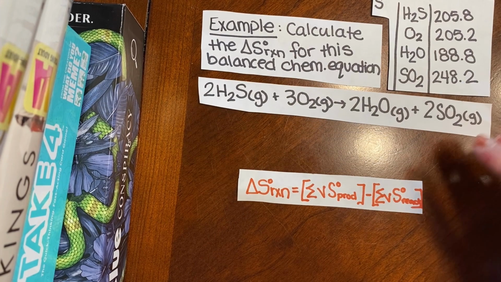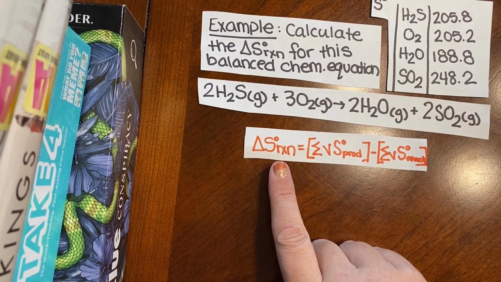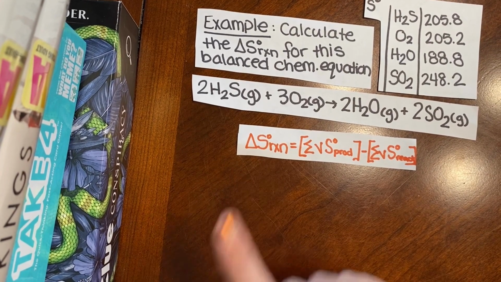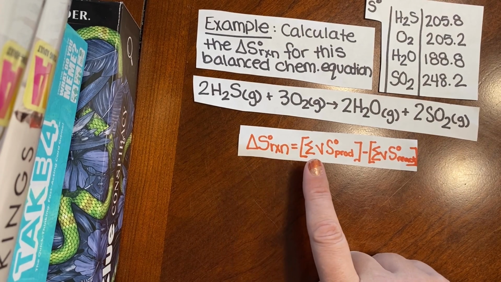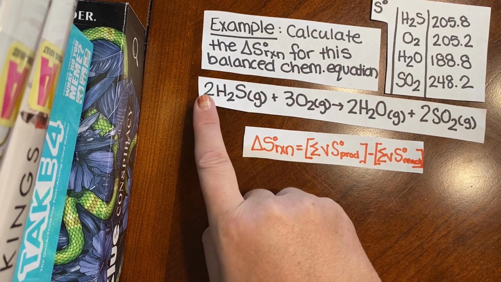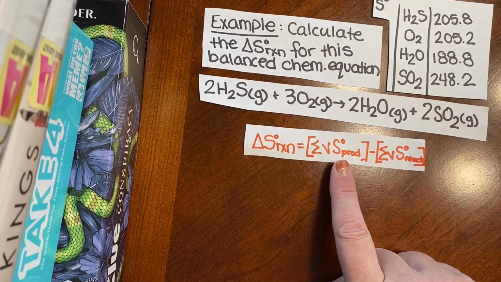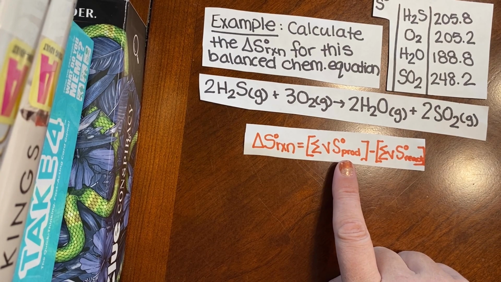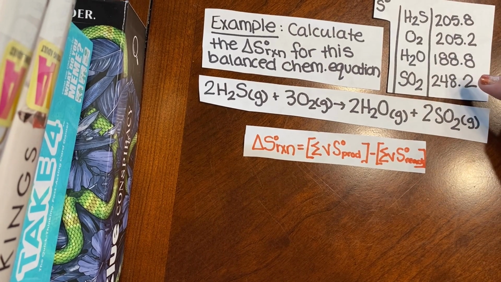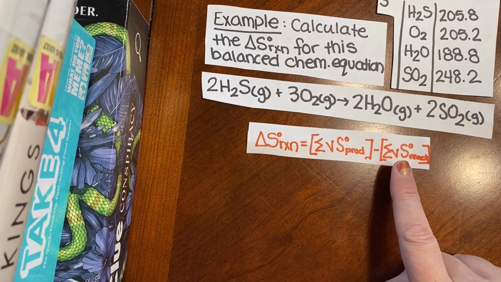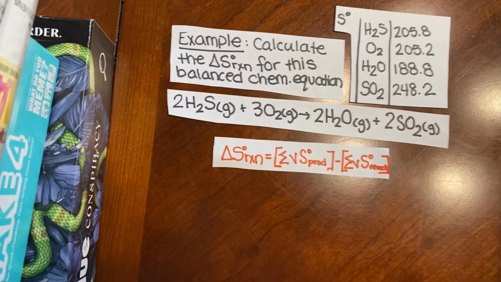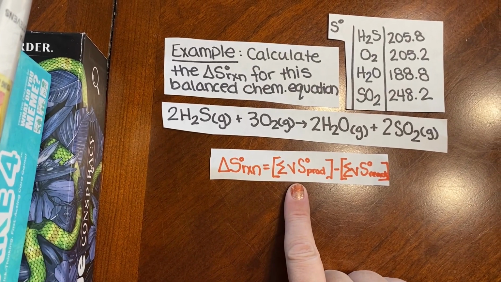It says that for any reaction, the standard change in entropy for a reaction is the sum of your coefficients from a balanced reaction, that's why these moles are super important, times the standard entropy of your products, minus the sum of the standard entropy of your reactants times their coefficients.